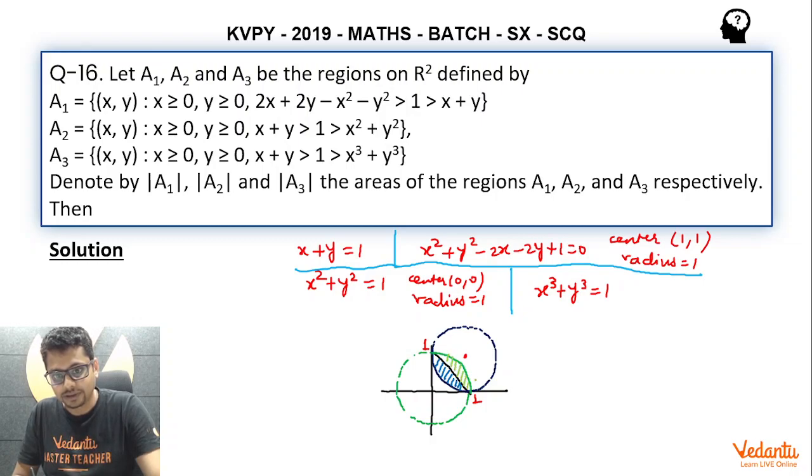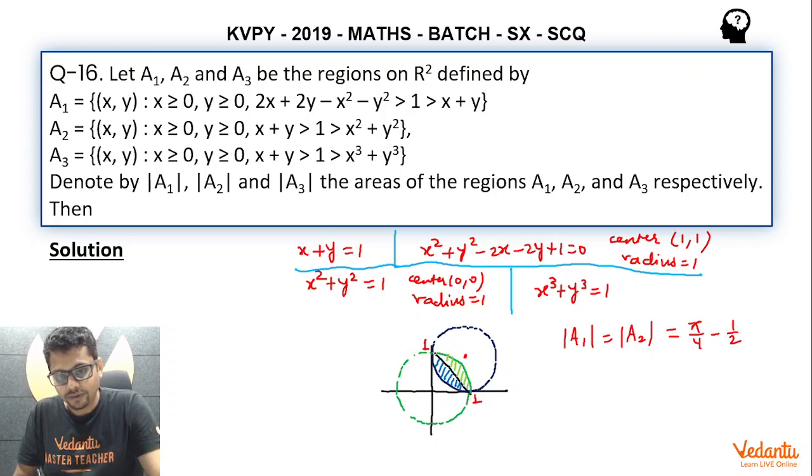If you look carefully, mod A1 is equal to mod A2. If you are not convinced just by drawing like this, you can evaluate the two and you'd get both to be pi by 4 minus half. How?